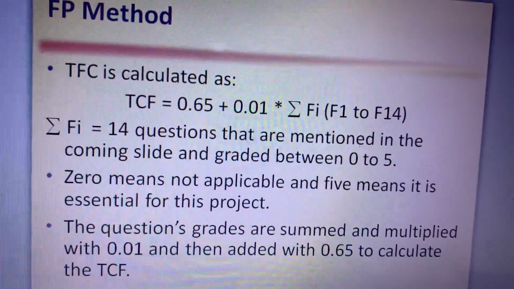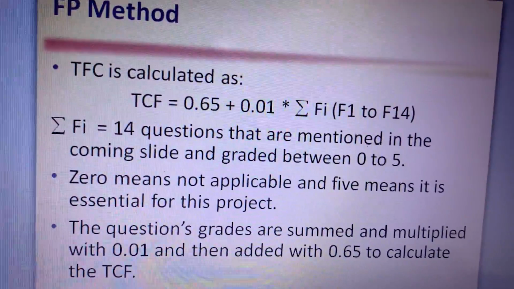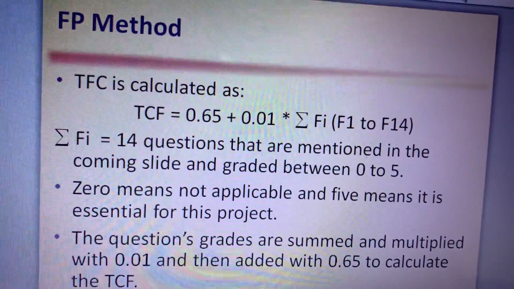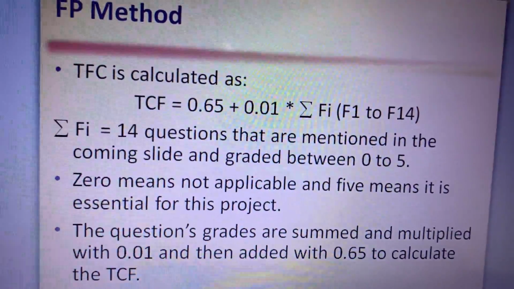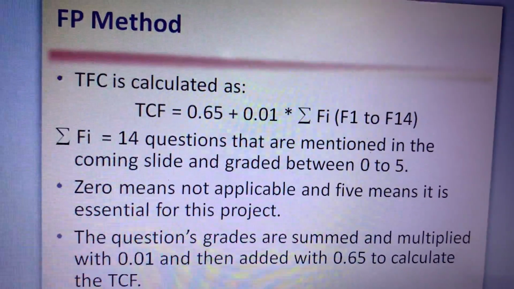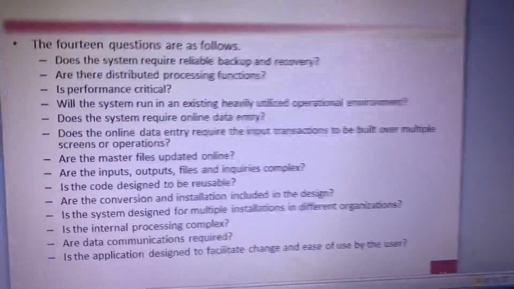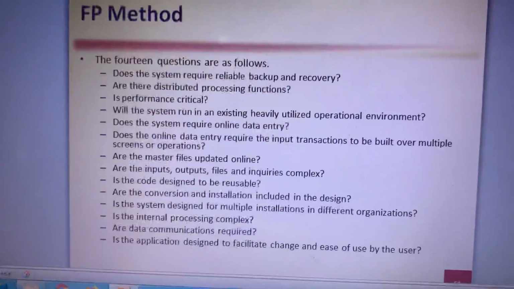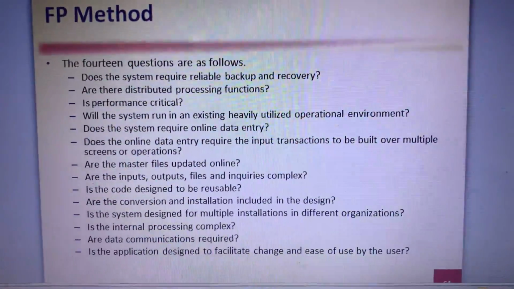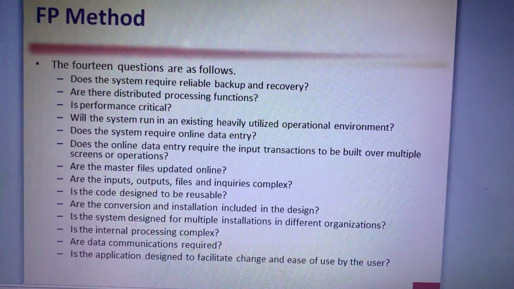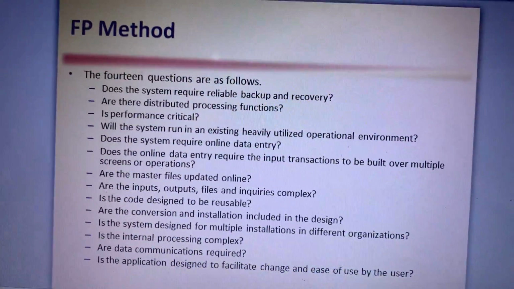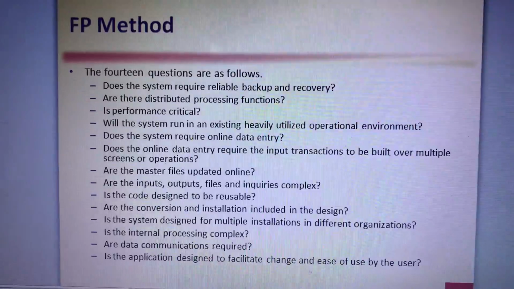And this is the formula to calculate TCF: 0.65 plus 0.01 multiplied by sigma Fi. Fi is 1 to 14 questions. These are the 14 questions that I discussed in my last video. Does the system require reliable backup and recovery? Are there distributed processing functions?